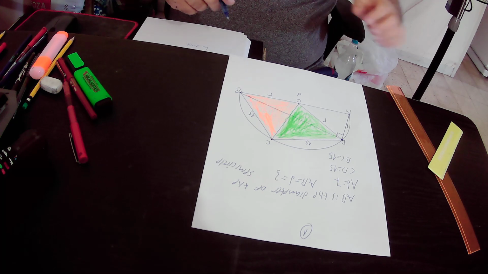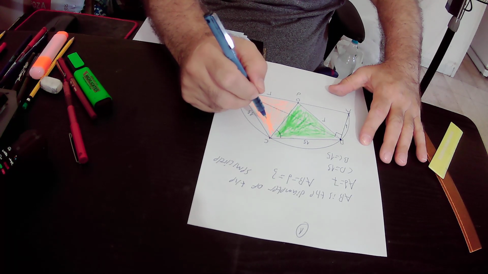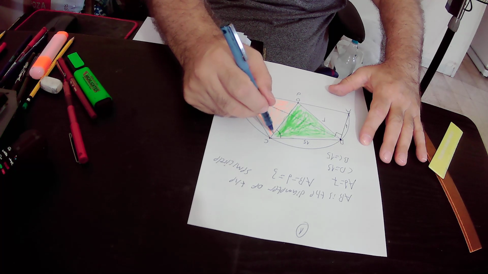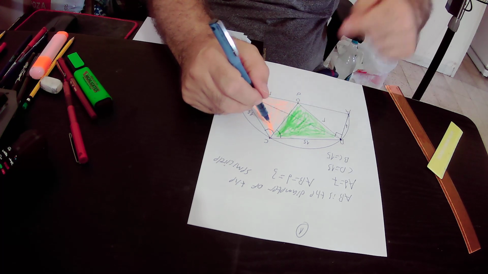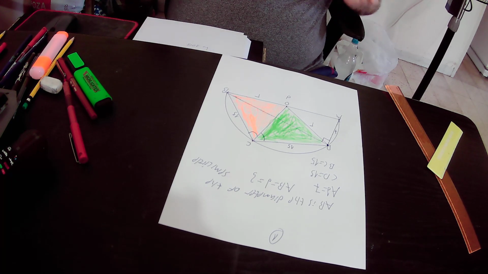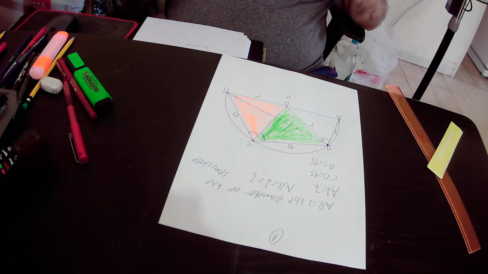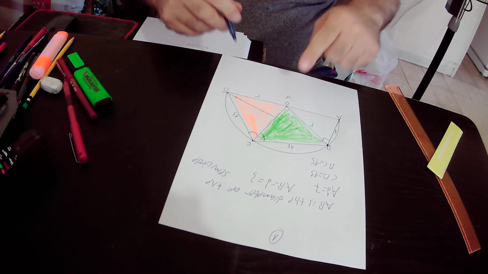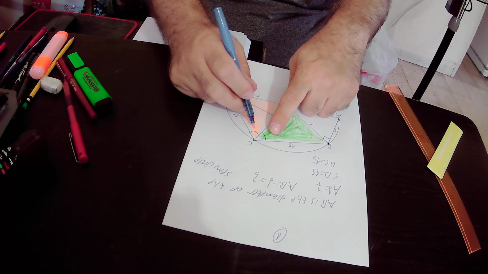Therefore, angle OCD will be equal to angle OCB, according to the rule that corresponding angles in congruent triangles are equal to each other.